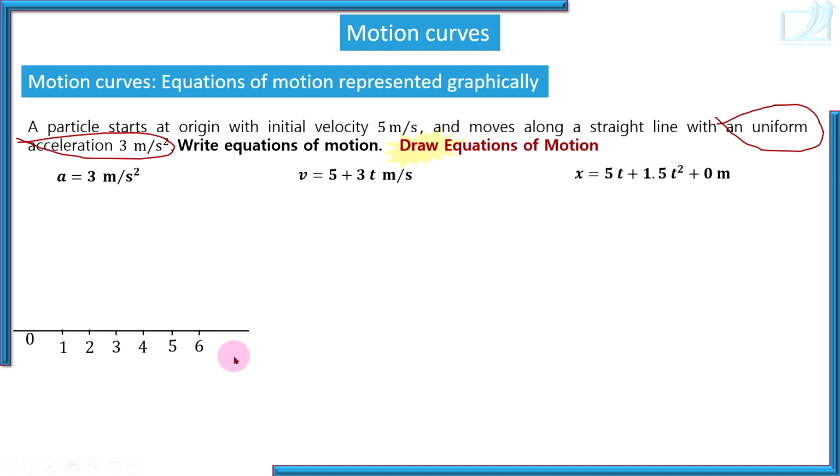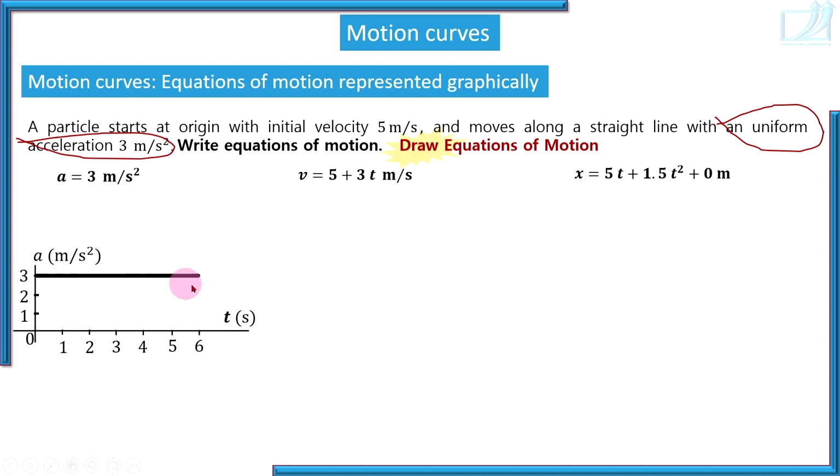Along the x-axis we take time in seconds, along the y-axis we take one of these three variables, acceleration, velocity and position. Here I am taking the variable as acceleration, and we show that acceleration is not varying with time but remains constant. So this is the acceleration time relation we have drawn.